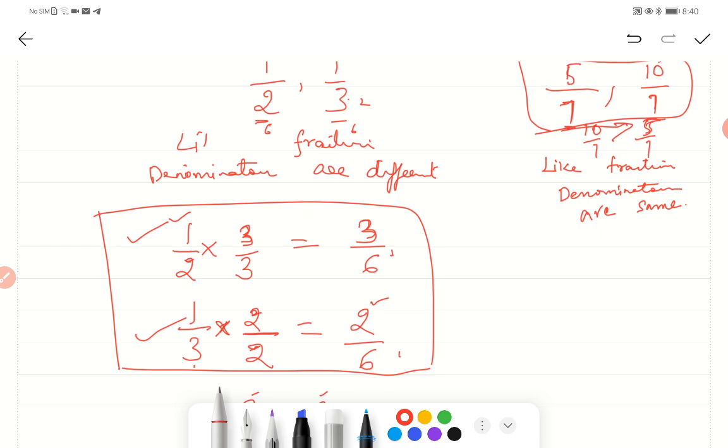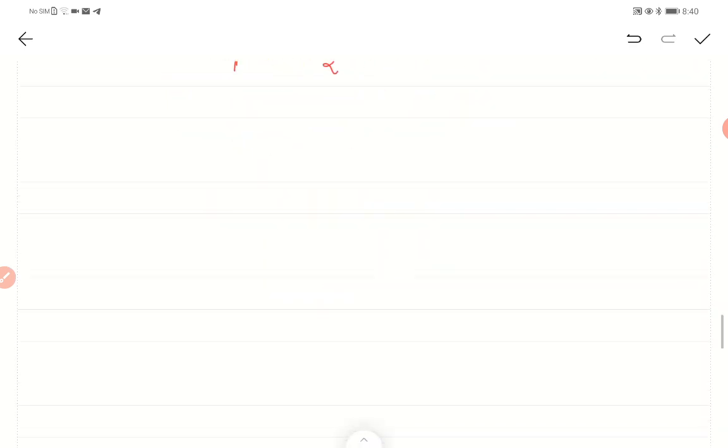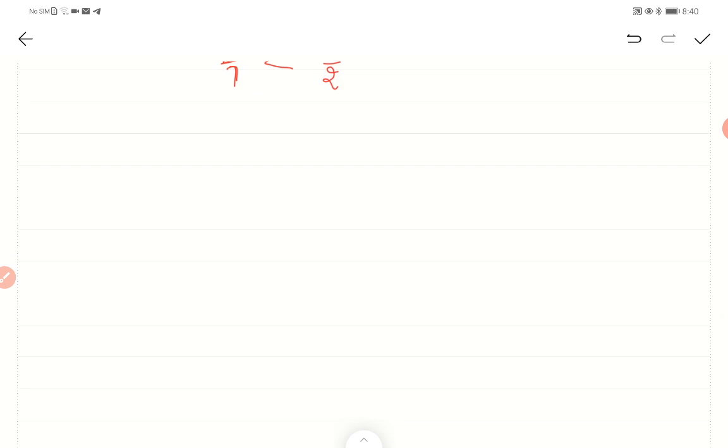Now unlike fractions come when both the numerator and denominator are different, like 5 by 2 and 7 by 6. Here neither the numerators nor the denominators are equal, so you call these fractions unlike fractions.